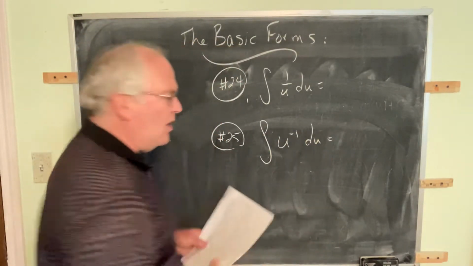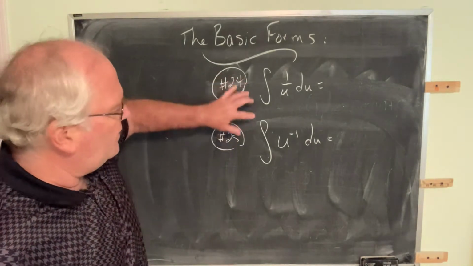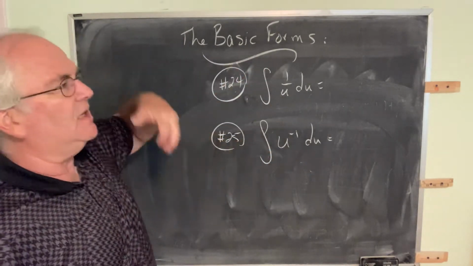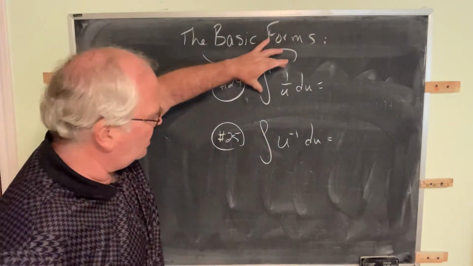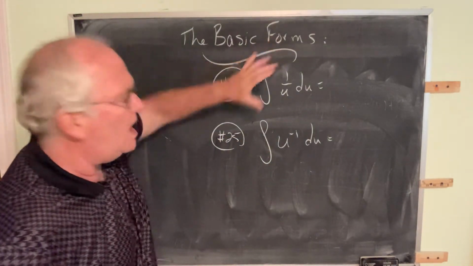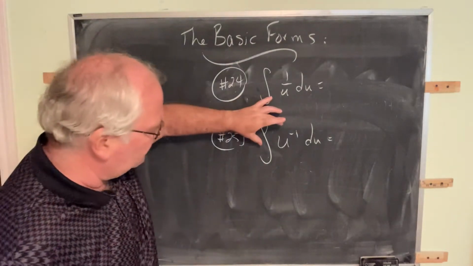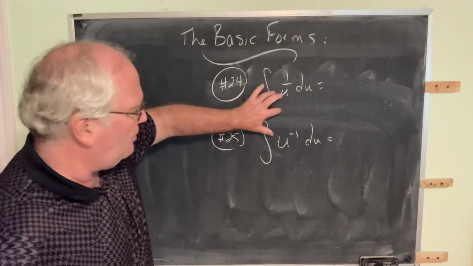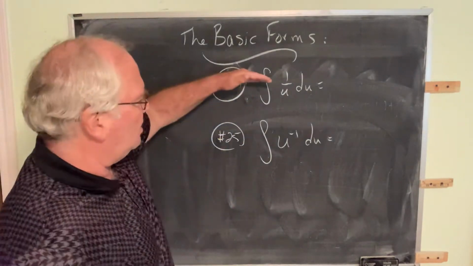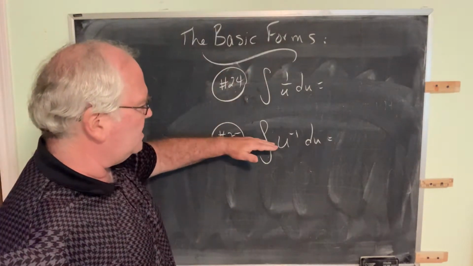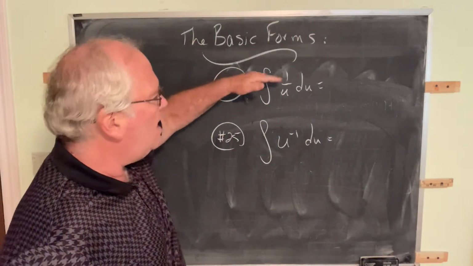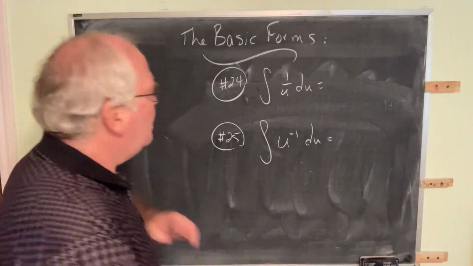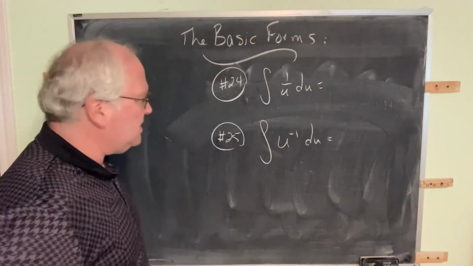The reason I list both of these is because they both arise. Certain problems lend themselves to generating this form. Other problems lend themselves to generating this form, and it's just convenient to be able to use both of these. Sometimes students learn only one, and then whenever the other arises, they go to the extra step of translating, finding the result, and then translating back, or vice versa. Anyway, I have both of these listed as basic forms.